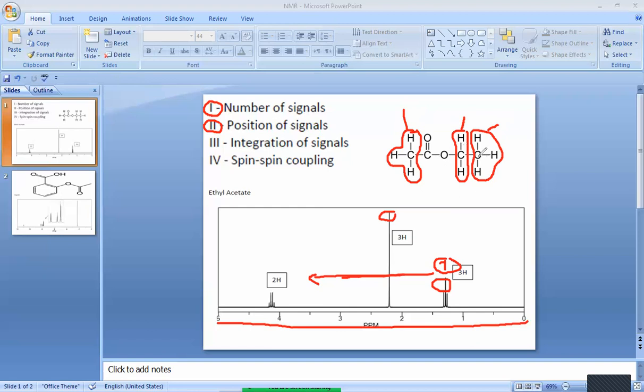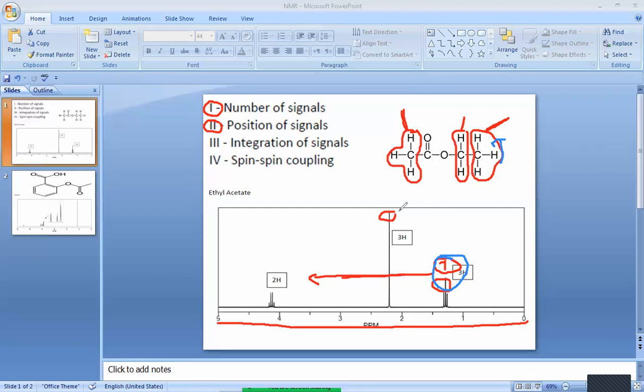By looking at the groups of equivalent hydrogens, we can see that this group here, using another color, let's use blue, is further away from the electronegative atom, so it will most probably be found here because it's upfield. It's the least deshielded group, so we assume that it's here.